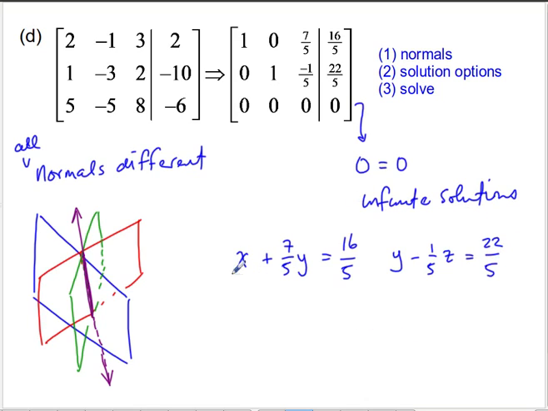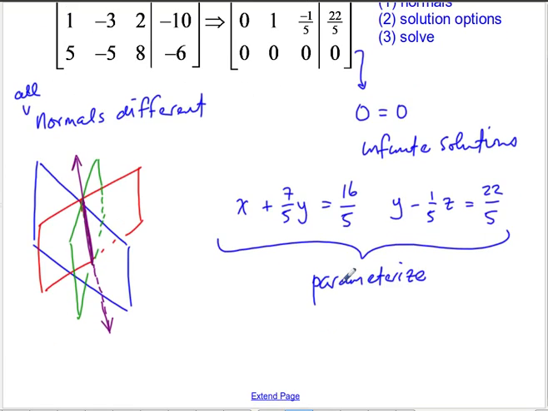And this is something I'm going to parameterize, because I know I'm going to get a line of intersection, so I'd like to get the parametric equations for the line. The way that I parameterize this is, I notice that y is present in both of them.